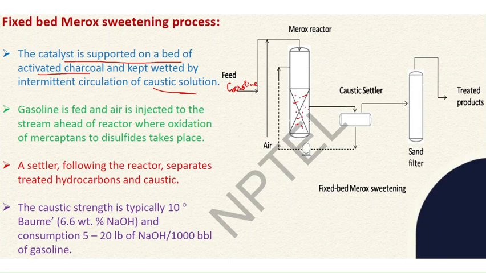After the oxidation, the oil is taken to this caustic settler, where the hydrocarbon and caustic solution are separated. The H2S is absorbed in the caustic solution, and the hydrocarbon is sent for further filtration to the sand filter, and the caustic solution is separated from here.